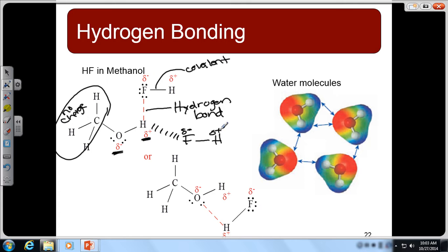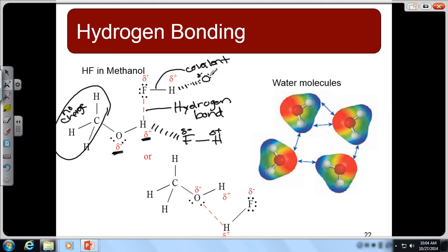So we want to do another one here. Let's do another hydrogen bond. What would this hydrogen be attracted to if we're looking at it with the methanol? It's partially positive, so what's it going to be attracted to? Oxygen, exactly. So there's our partially negative oxygen, and there's its lone pairs.